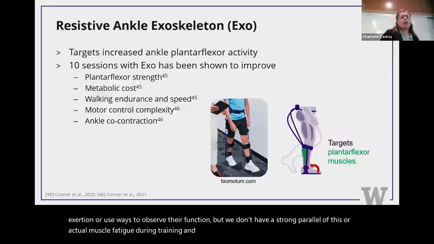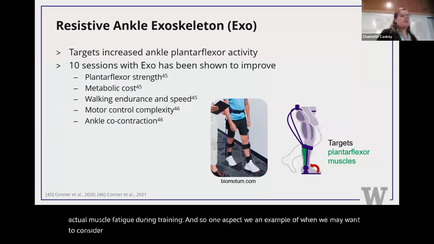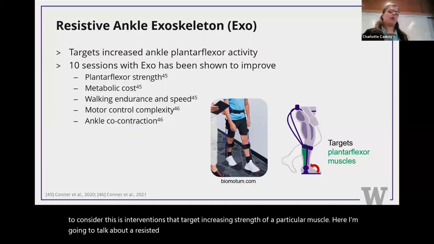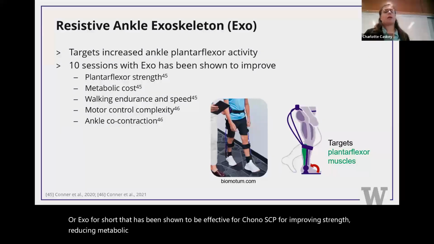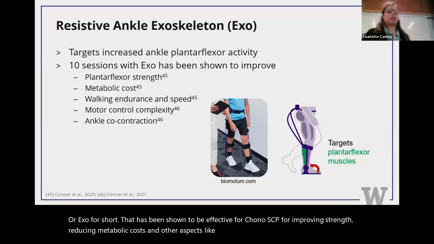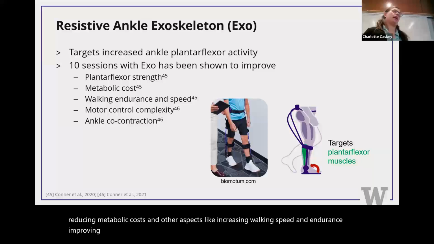One example of when we may want to consider this is interventions that target increasing strength of a particular muscle. Here I'm going to talk about a resistive ankle exoskeleton, or EXO for short, that has been shown to be effective for children with CP for improving strength, reducing metabolic costs, and other aspects like increasing walking speed and endurance, improving motor control, and reducing co-contraction.